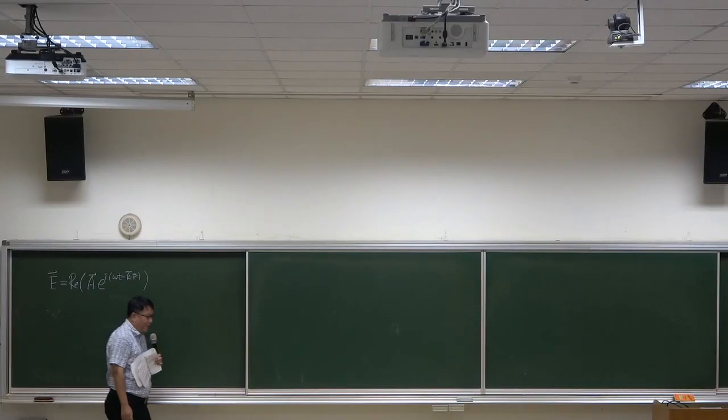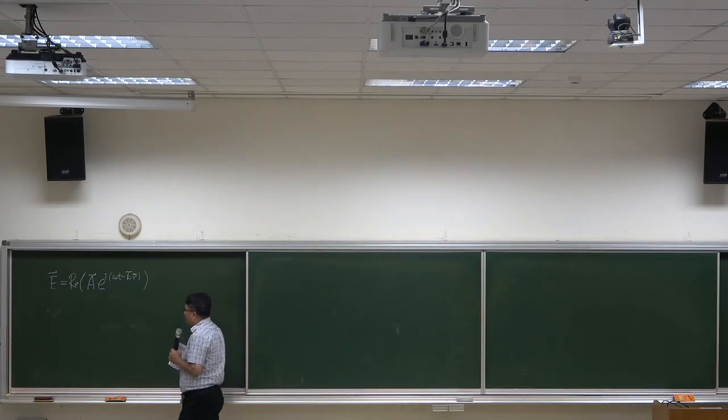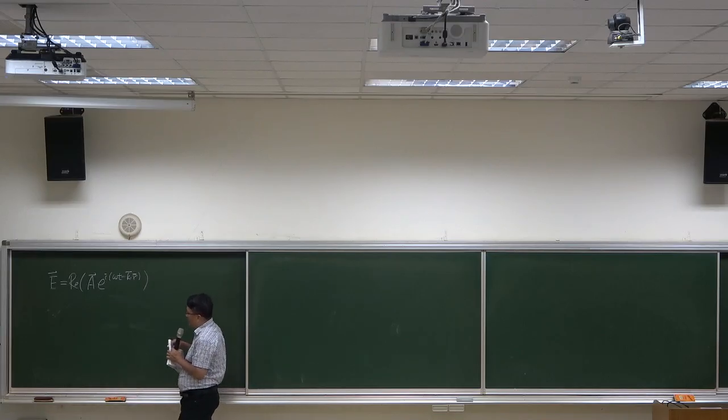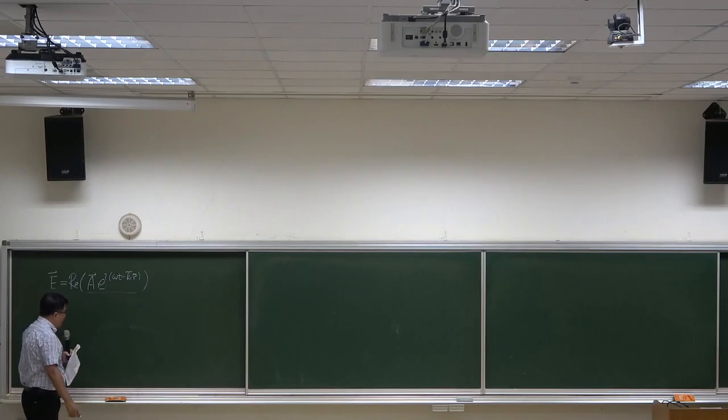For a plane electromagnetic wave with some polarization, we can describe the E vector as the real part of this complex vector.